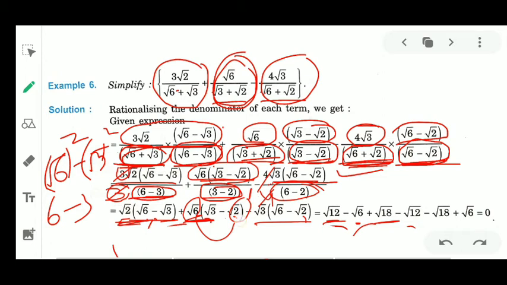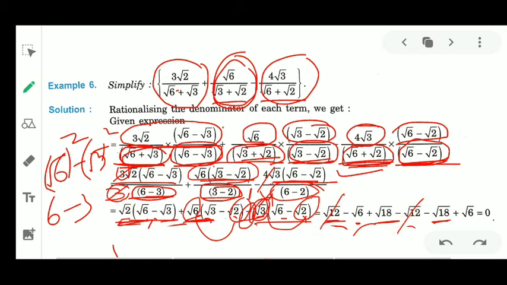Then put the negative sign here, minus root 3 into root 6, that is root 18, minus root 3 multiplied by root 2, that gives us root 6. Clear?